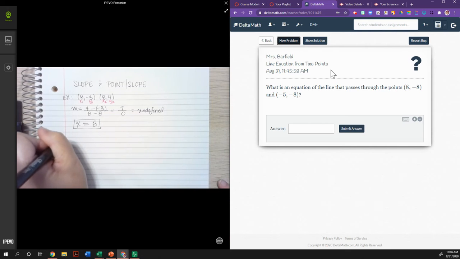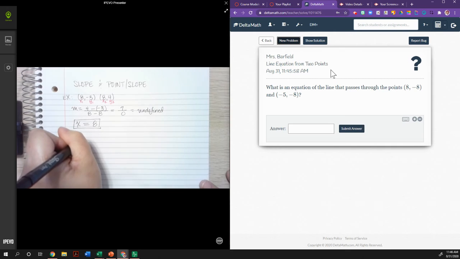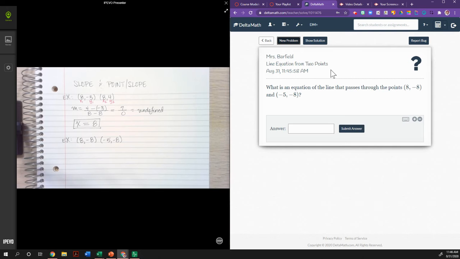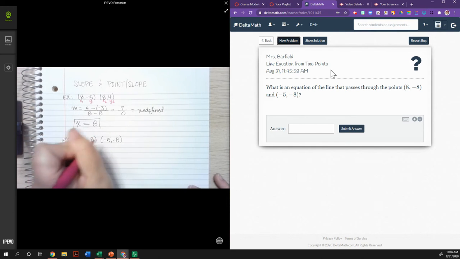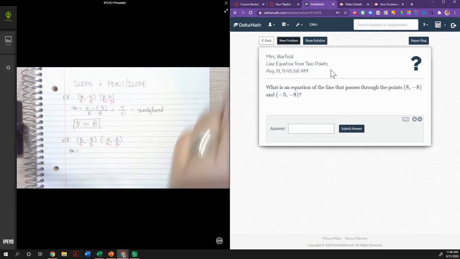So example. So some of those are really fast. So (8, -8) and (-5, -8). Okay. All right. So it says what is an equation of a line that passes through these points? So let's jump right in and do my slope first. So x1, y1, x2, y2.